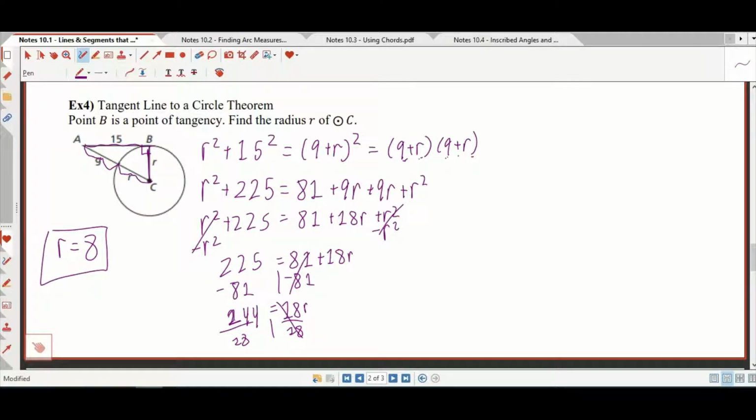You can check to make sure it works by setting up that right triangle again. That would make that 8, 15, and 9 plus 8 is 17, and 15 squared plus 8 squared is 289, the square root of which is 17. So that does indeed make a right triangle, and our life is good.